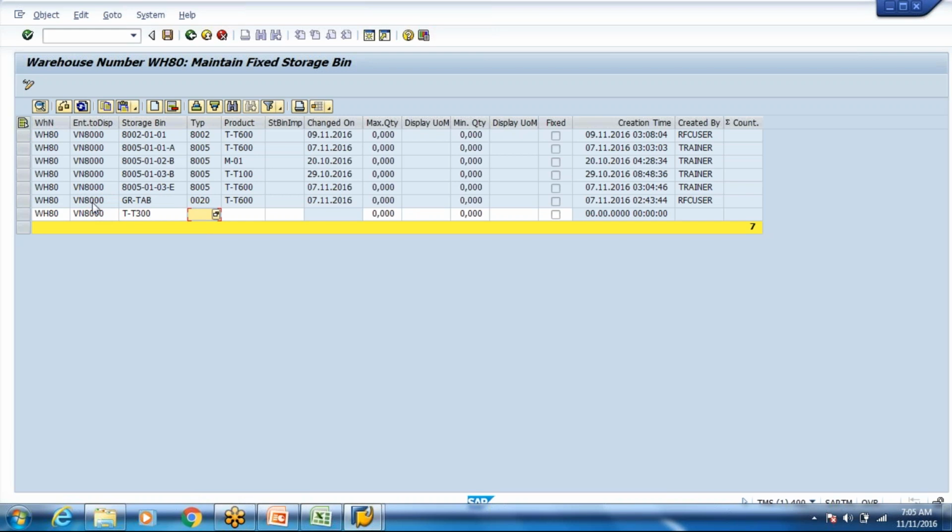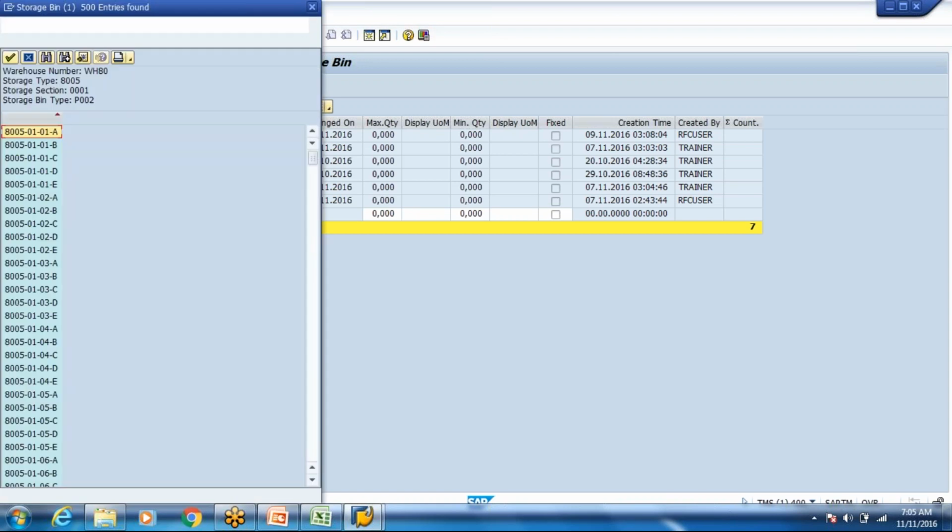Storage type is 8005. Oh, sorry, the storage bin is not that one. We can take any bin in 8005 for assigning a fixed bin.